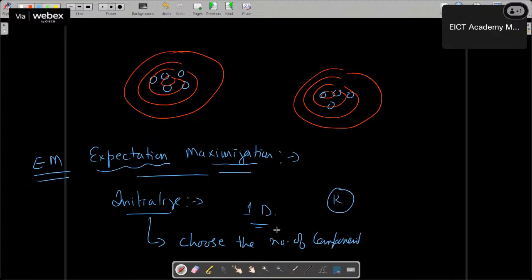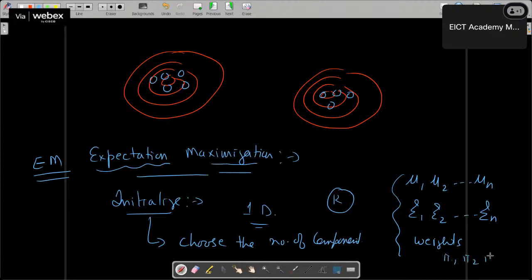Then second, initialize the parameters. Initializing the parameters means mu1, mu2 up to mu n, and the covariances sigma1, sigma2 up to sigma n, and there is one more parameter that we call the mixture weight, that is pi1, pi2, pi3 and so on up to pi n.